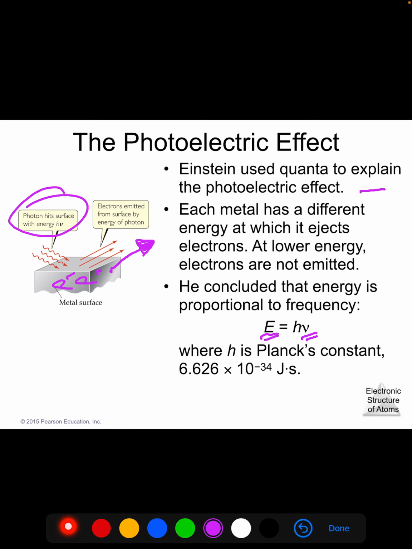And he saw that frequency is proportional to the energy and is related to it through this constant called Planck's constant. And actually, this is what Einstein got his Nobel Prize for.